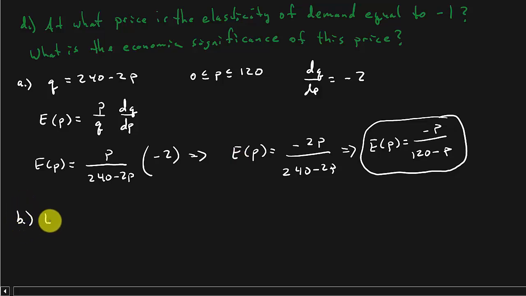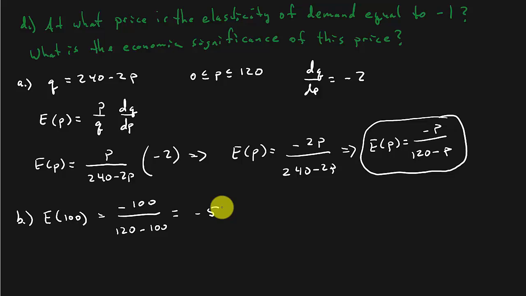Part B, they want us to evaluate it at 100. So we take the 100, plug it in, so that's -100 over 120 minus 100, which is -5. All right. So what does this mean? This goes back to the stuff that we read up there.